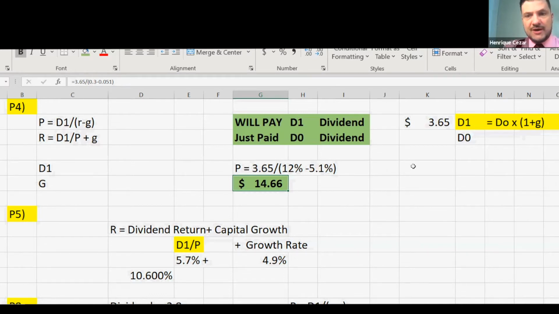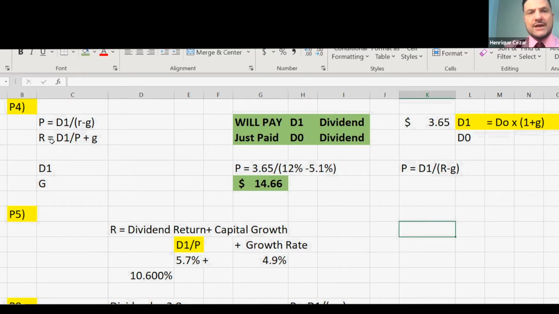So what you need to remember is, once again, the formula P equals D1 divided by R minus G, with R being the required return, and G being the growth rate of the dividends. All right, and that's it.